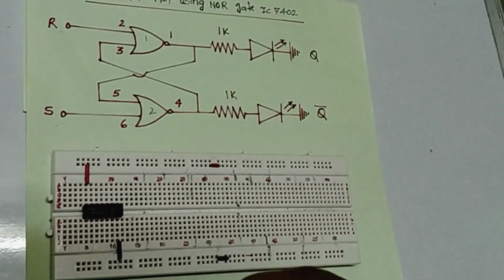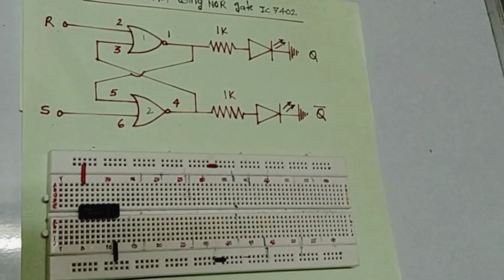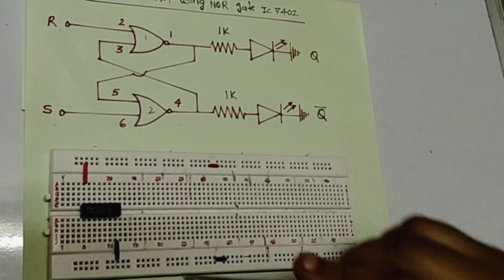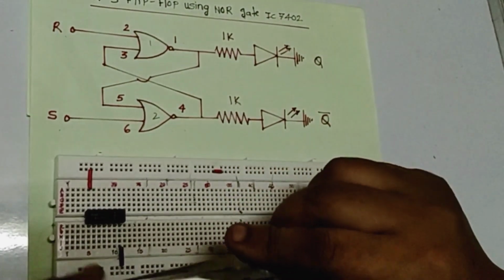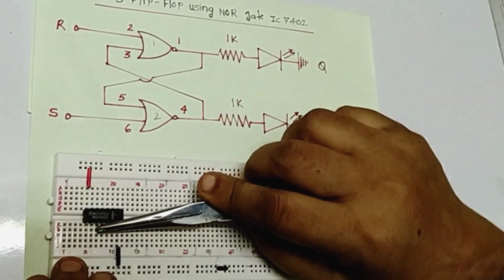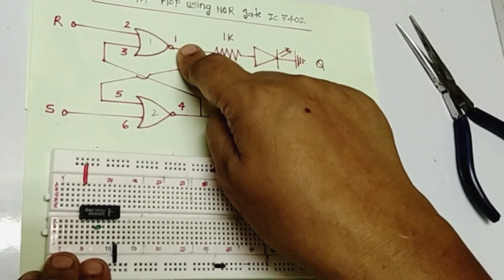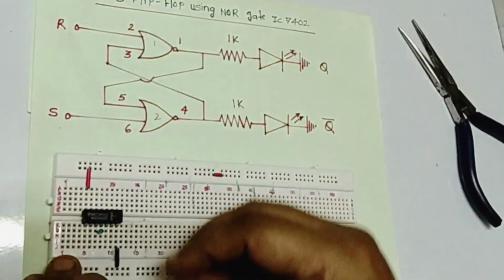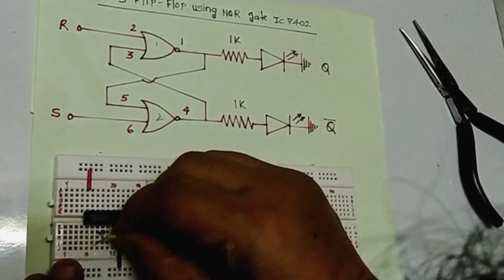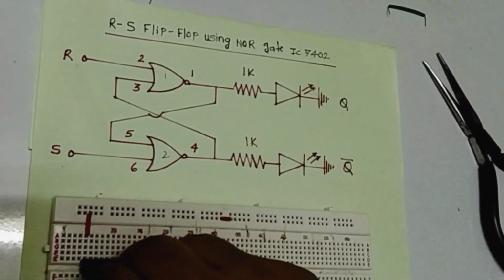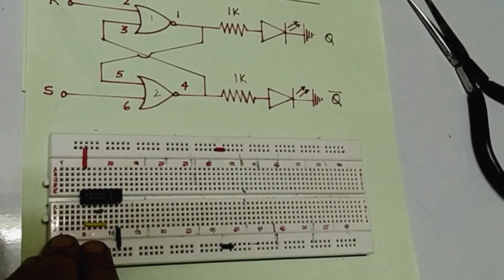Now see the circuit. Pin number 3 to 4 we are connecting, one bubble is here, this is 3 to 4. And pin number 1 to 5 we are connecting here.